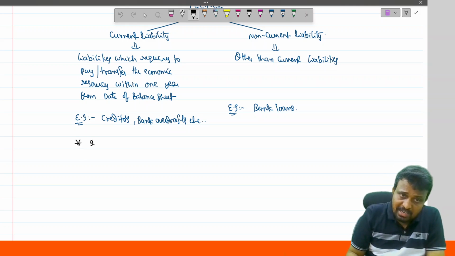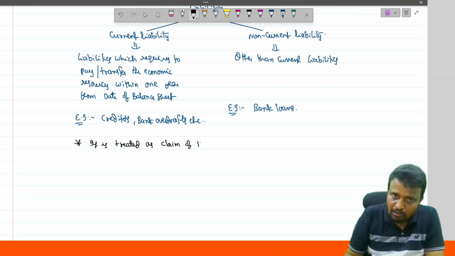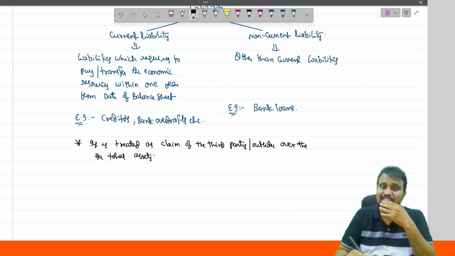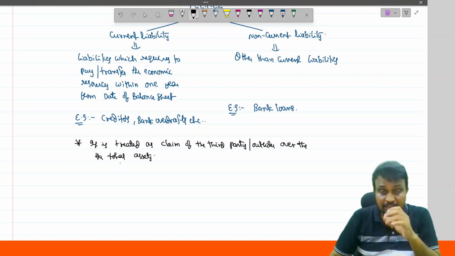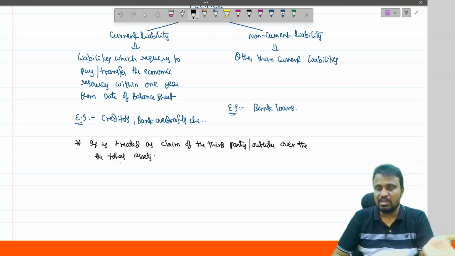It is also defined as the claim of the third party or the outsider over the total assets.